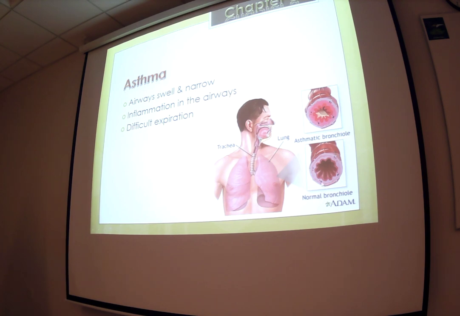And what you see here is an asthmatic bronchial, you see a lot of inflammation and mucus production, closing off that airway. These patients find it very, very difficult to be able to expirate. They will have a lot of wheezing.